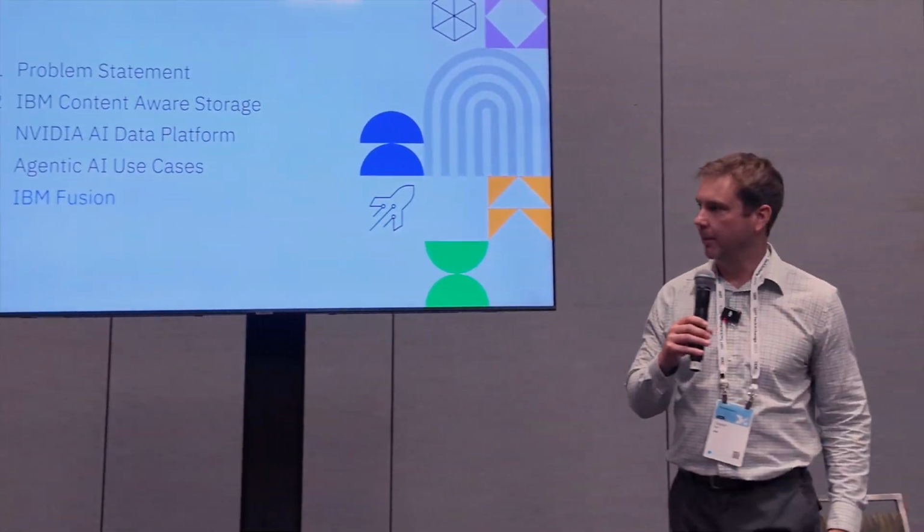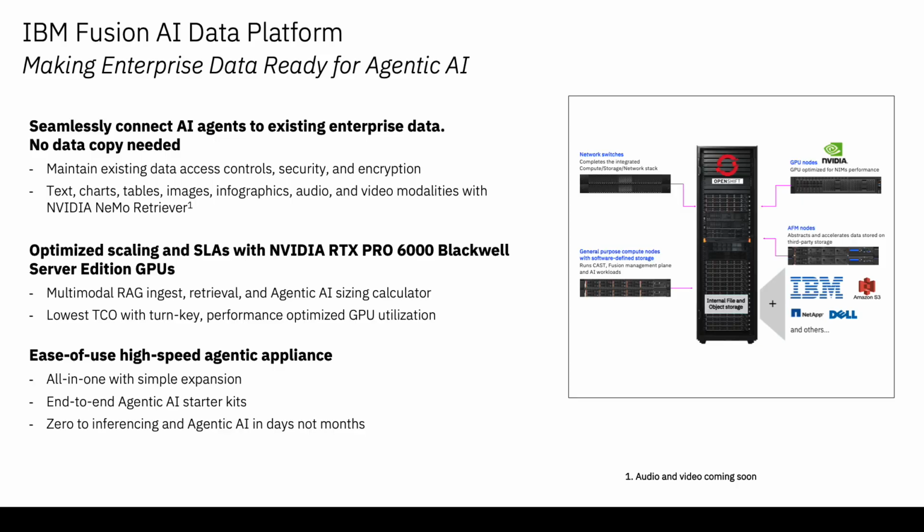Okay, so what we're going to talk about next is how we're pulling this all together within our IBM Fusion platform. And what we've done is we've taken the content-aware storage component that we previously discussed, and we package this into our Fusion HCI appliance in particular.